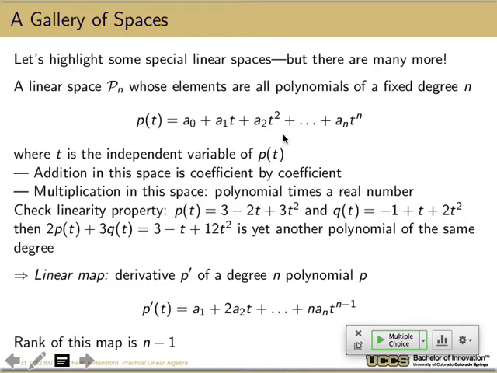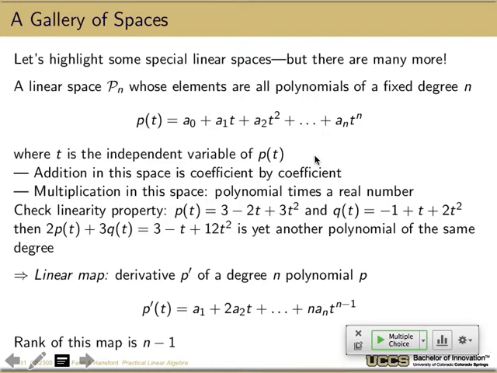So, linear spaces whose elements are all polynomials of a fixed degree n, where n is any degree you want. All linear polynomials are a linear space, but so are all quadratic polynomials, and all cubic polynomials. Anytime I say the space of all polynomials of a degree, they all have the right properties. When multiplying by a coefficient, I just multiply the coefficients and leave everything else the same.